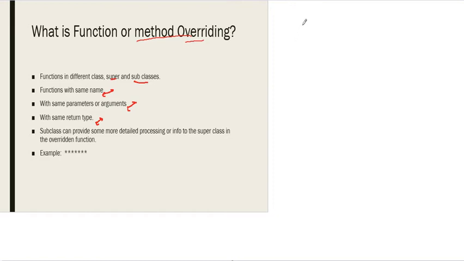Say we have a parent class which is called class car. It has a function called make car, and it has some implementation, whatever it is.